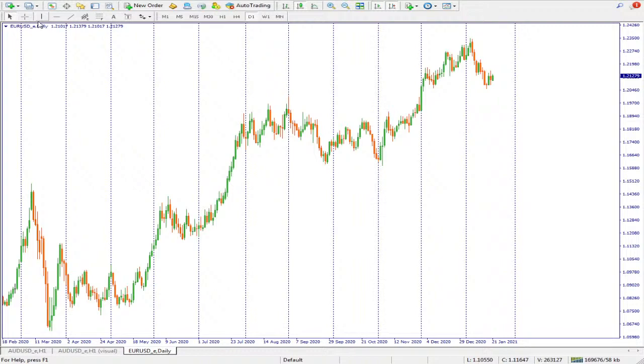We drew a line here around this support level. There's this breakout. As it is now, the price is still being held below 1.21536.